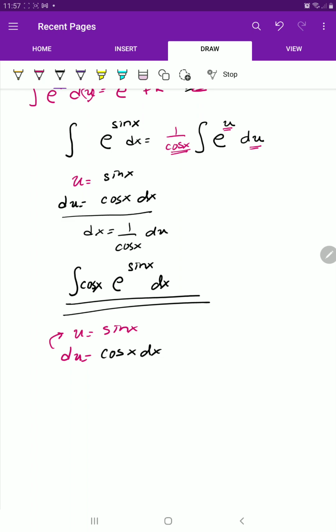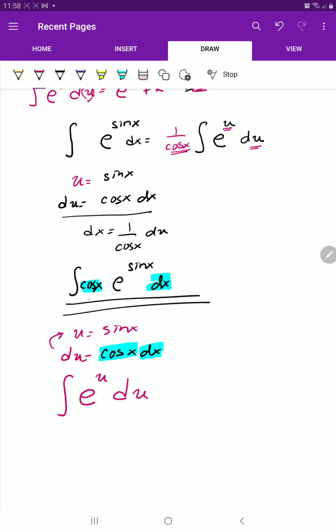And please take a look that in the question, this cosine x is there, this dx is there. So let's do the substitution. Let's copy that integral, e to the sine x, but your sine x is your u. But take note that the cosine x dx, the one in the blue, is actually du.